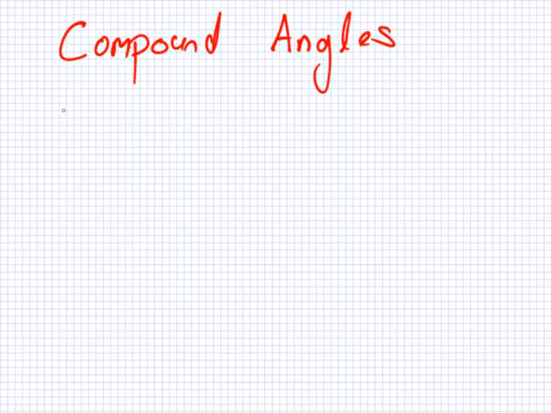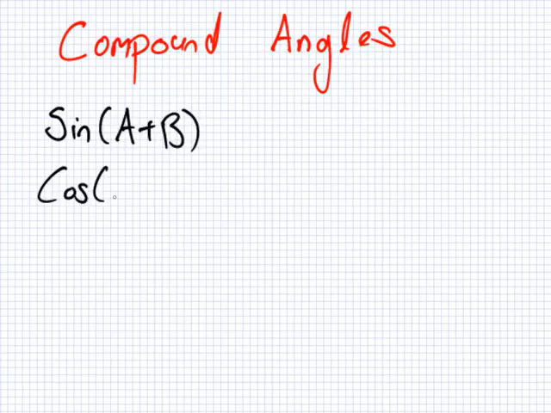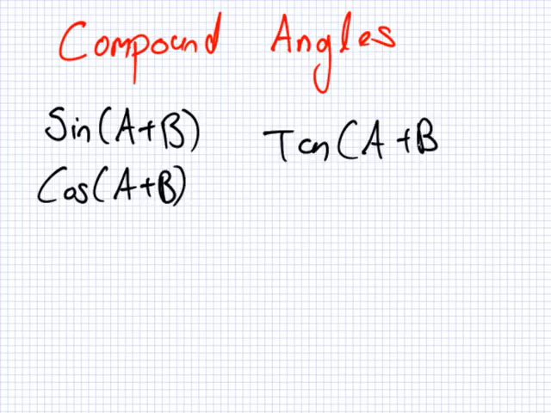Okay, so we'll start with exactly what is a compound angle. Compound angle problems are problems like this, where you want the sine of A plus B, the cos of A plus B, or the tan of A plus B. These are all compound angles. You have two angles added together.